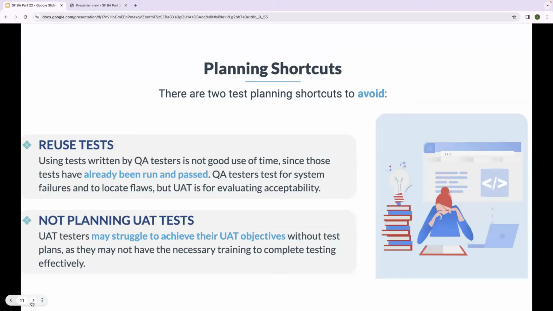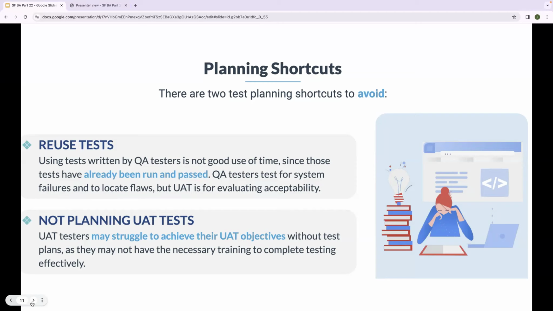Planning shortcuts. There are two test planning shortcuts to avoid. Reusing tests. Using tests written by QA testers is not a good use of time, since those tests have already been run and passed.